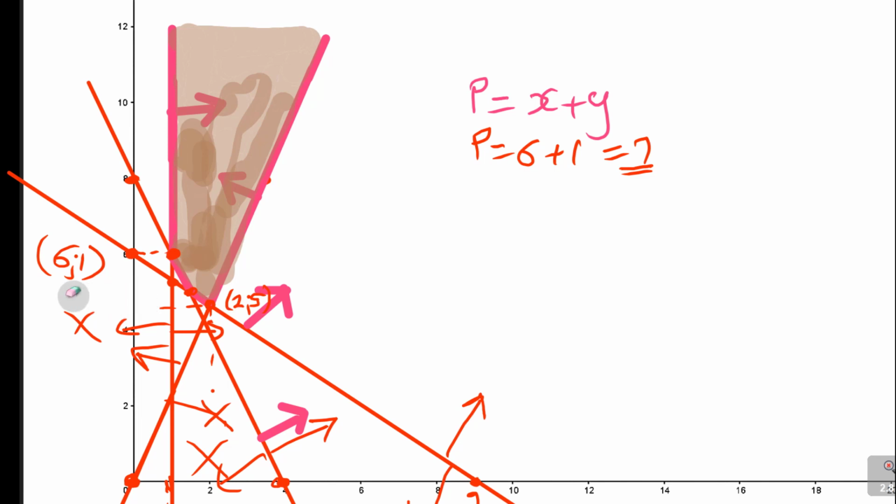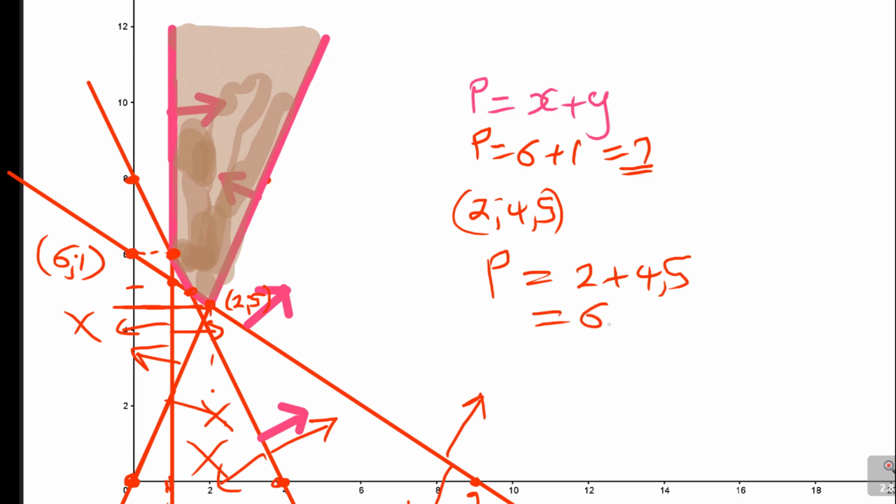This point can't be a 5 because a 5 is here. Maybe 4.5. So you have 2 and 4.5. So P would be equal to x is 2 plus y is 4.5, which is 6.5. It's less than that. So the one that has the bigger number is P is equal to 6 plus 1, which is 7.